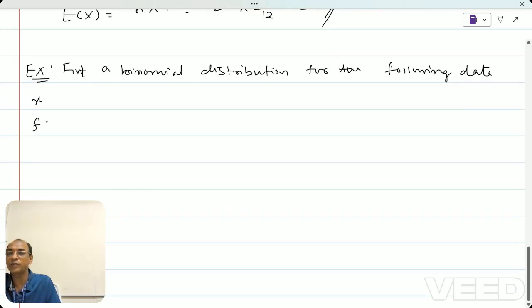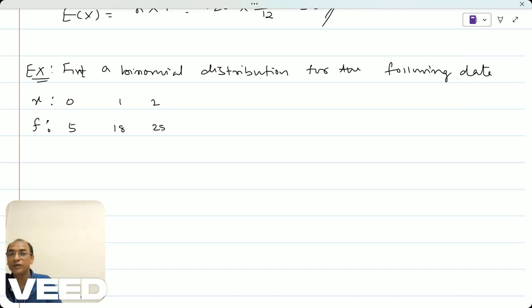X and corresponding frequencies. X is the value of the random variable and f is the number of times it occurs. So 0 occurs 5 times, 1 occurs 18 times, 2 occurs 28 times, 3 occurs 12 times, 4 occurs 7 times, 5 occurs 6 times, 6 occurs 4 times, and so the total frequency will be 80.